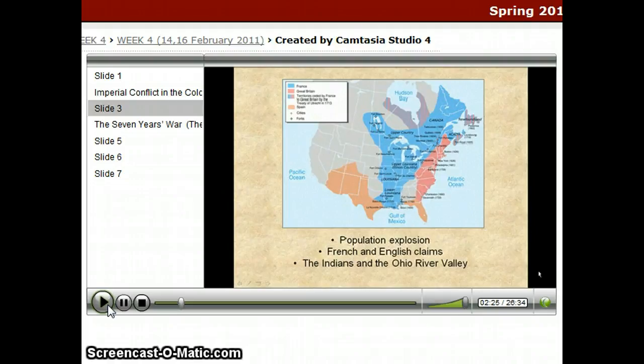And that's exactly the case with reference to what happens in North America during the 18th century. What I'll be doing is giving a brief overview of the population explosion to set this up first off, and then I'll skip basically to the middle part of the century and discuss the beginnings of the 7 Years' War.